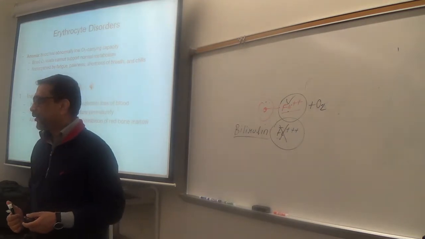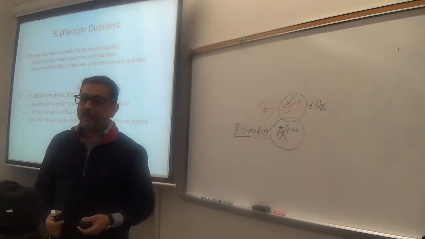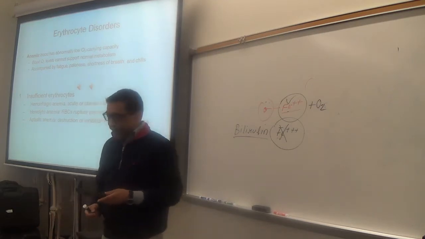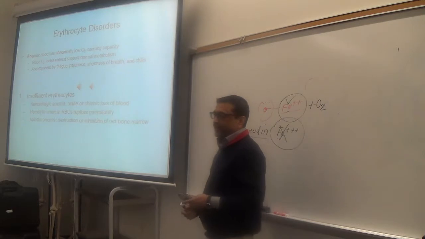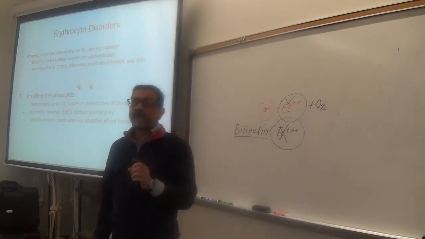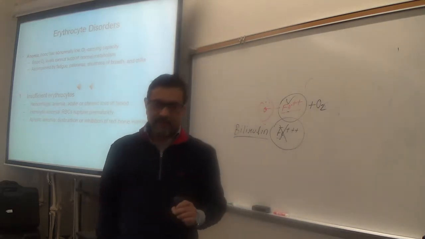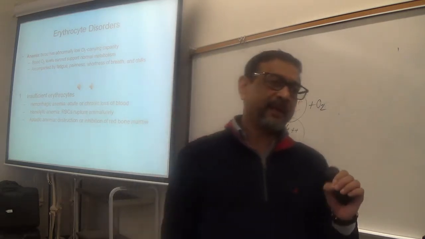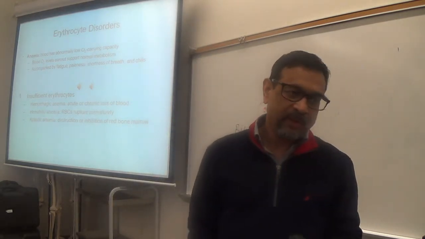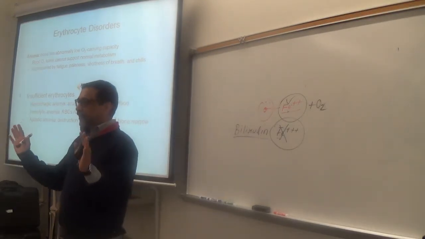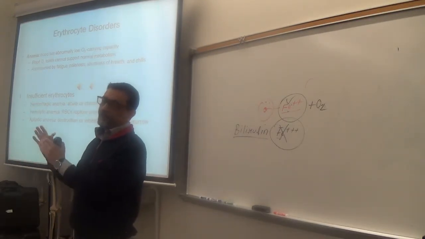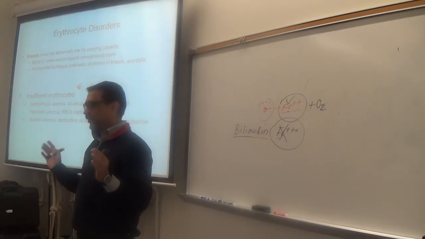Have you heard that? Very common, right? Anemia is a condition where the blood has decreased ability to carry oxygen or transport oxygen. Is it clear? Decreased ability to transport oxygen.